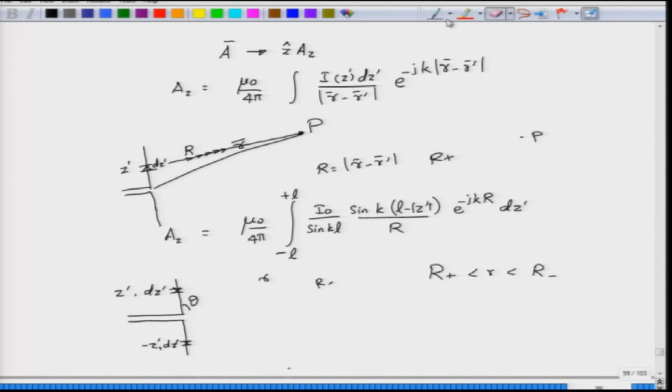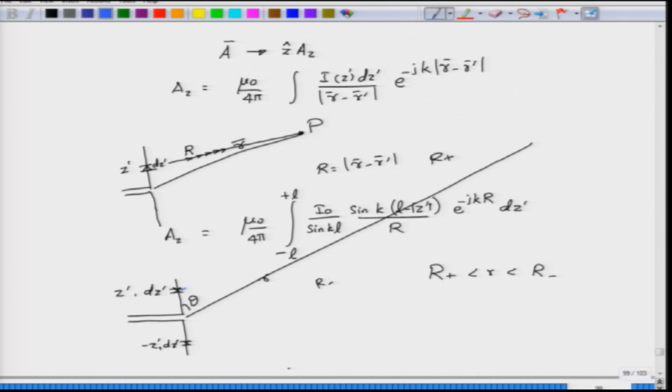So, let us first write down the small r case, and of course, this will work only when the observation point P is very far away from the antenna, so that the antenna would essentially look like a point to you.